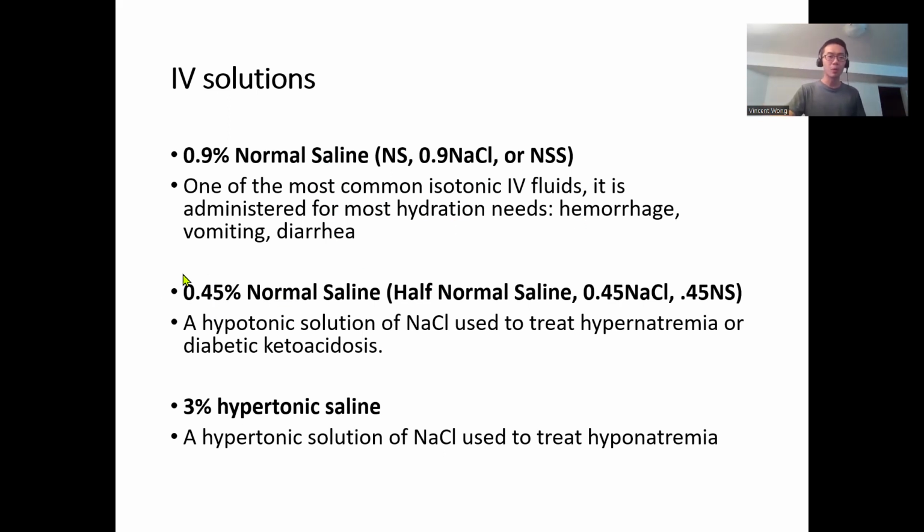Now, in some cases, we want to give lower concentration saline. That's 0.45%, and that is a hypotonic solution. It's more diluted than your cells, and that's useful for treating things like hypernatremia. That's too much natri, which means sodium. That's why sodium is Na.